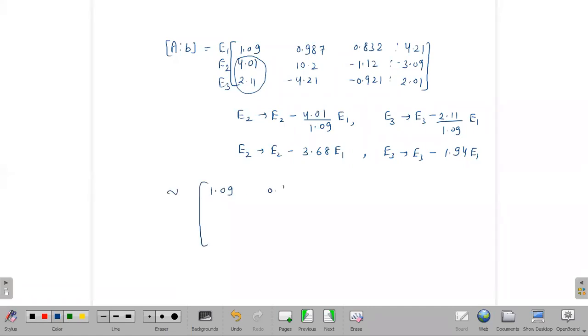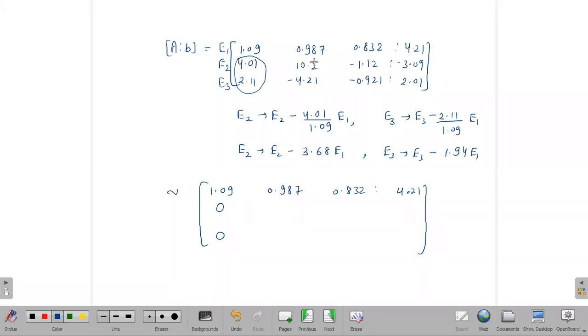So now use the operation. The first row will be the same, 1.09, and zeros below.